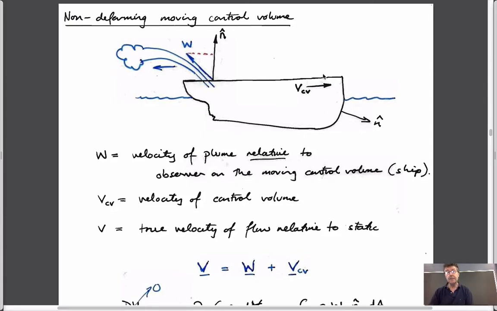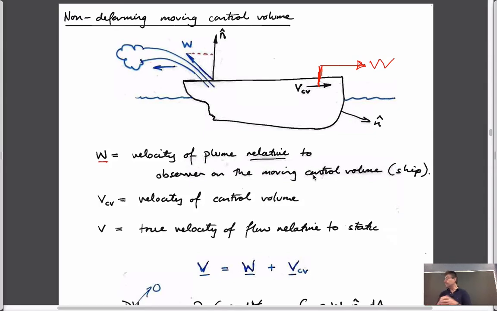And so now we need to make the case, and it's probably easier to do it for the jet that is squirting forward at velocity w. We'll define w as being the velocity of the plume relative to the observer on the control volume, right?